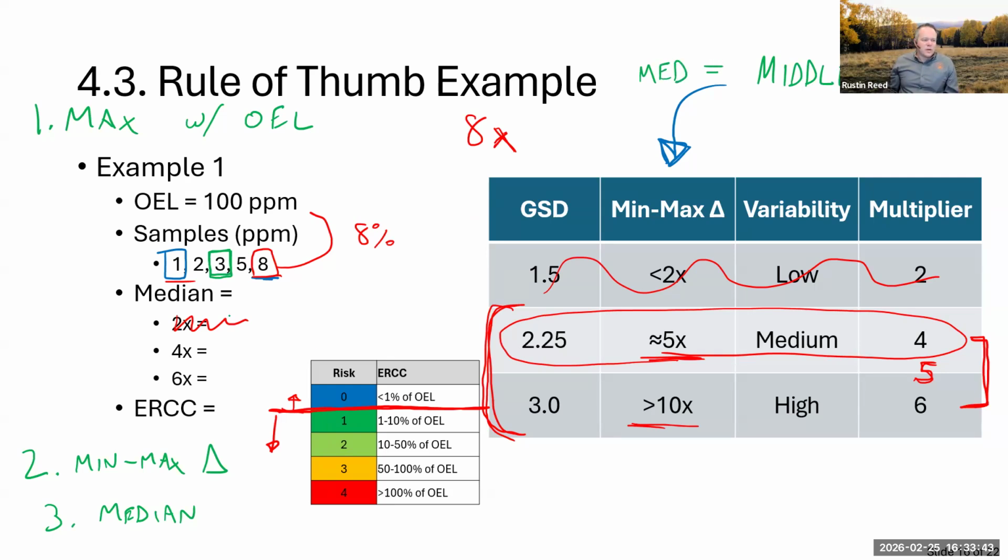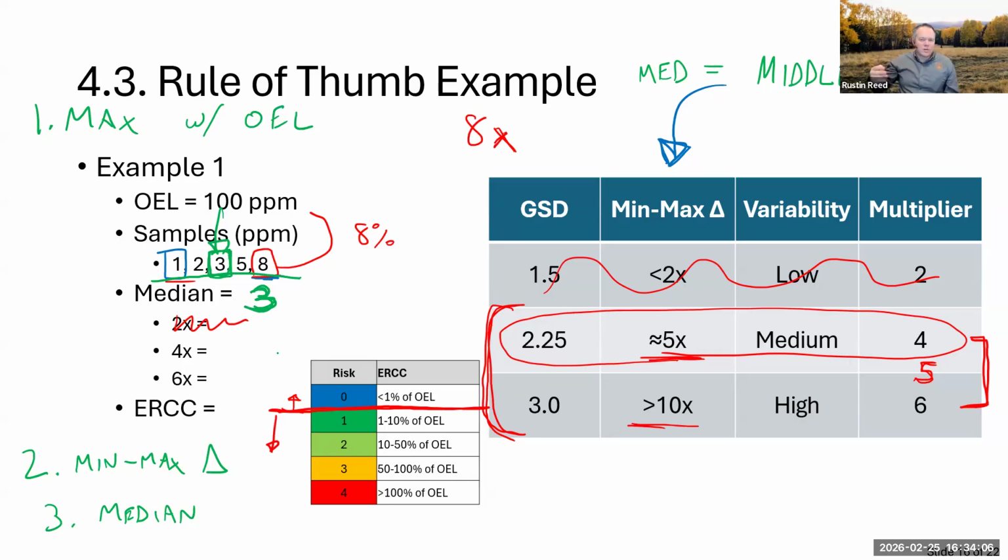So if we rank order our values from lowest to highest or highest to lowest, doesn't matter as long as they're in order, we pick the number that's in the middle. So here that happens to be number 3. So my median is 3.